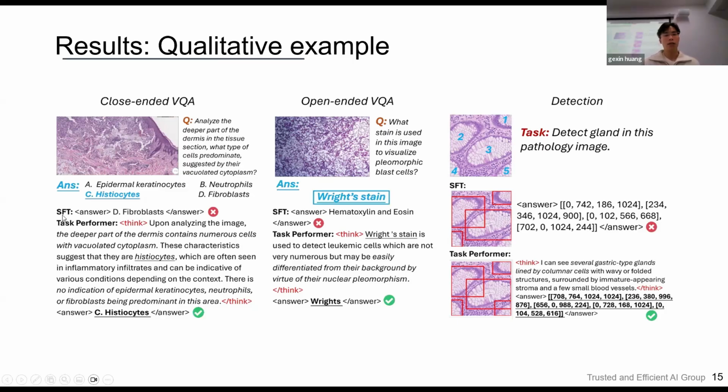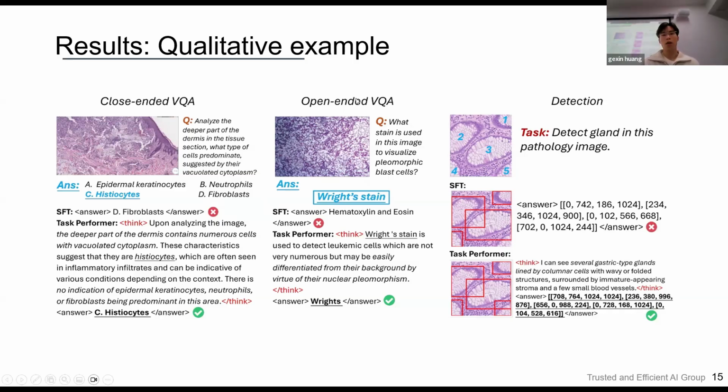After SFT, the Qwen 7 billion model generates the incorrect answer, but after enabling the model's reasoning ability, it will think it through and predict the correct answer.